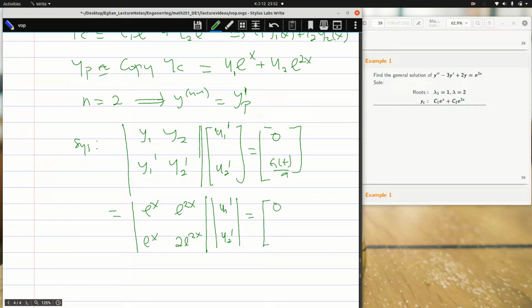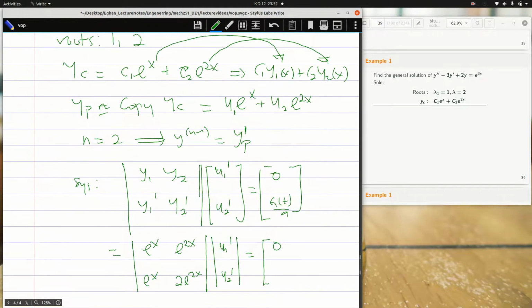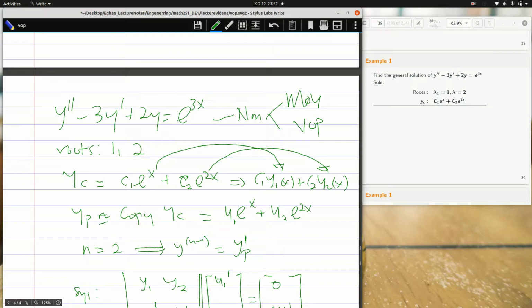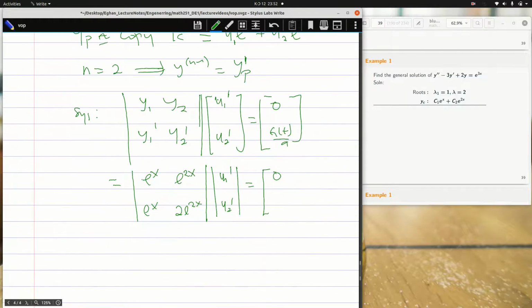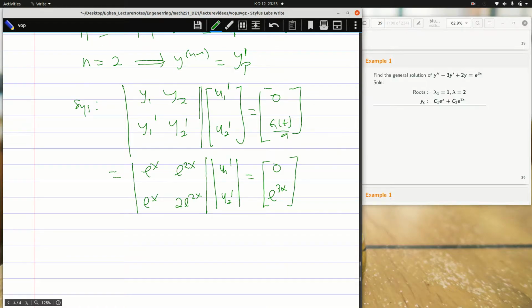Now g(t) from the question is e to the power 3x. a is 1. The coefficient there is 1, so it remains as e to the power 3x. Now you see that for this example we have variables, unlike the first thing I went through.